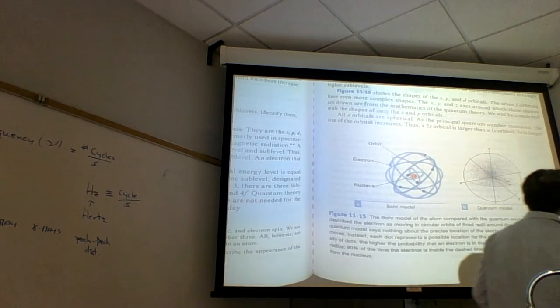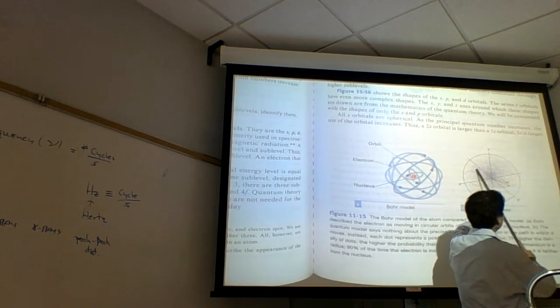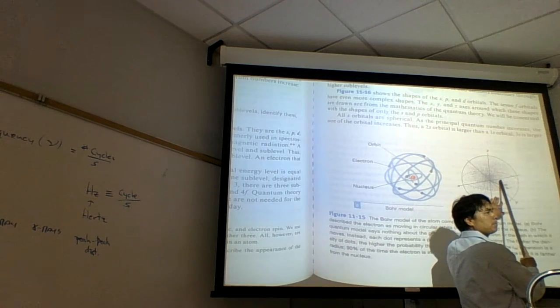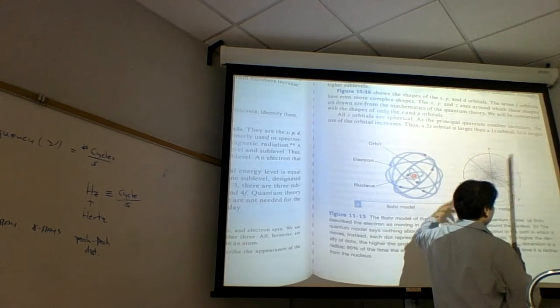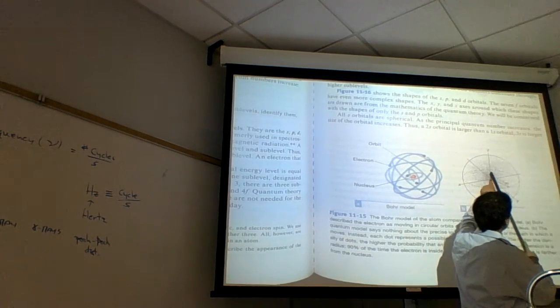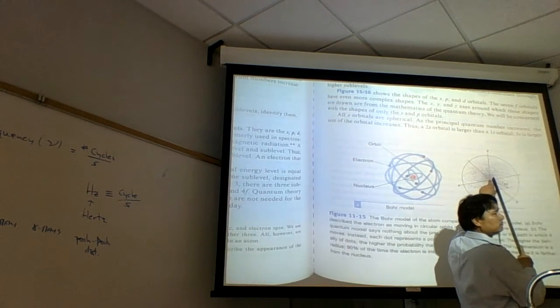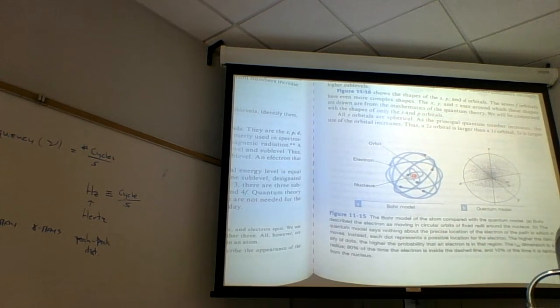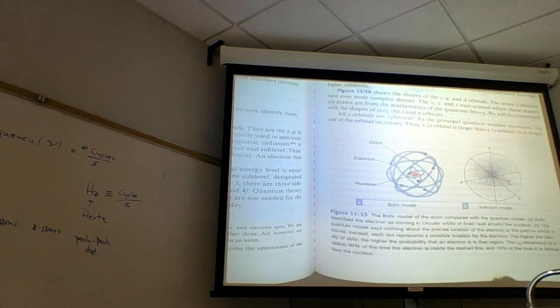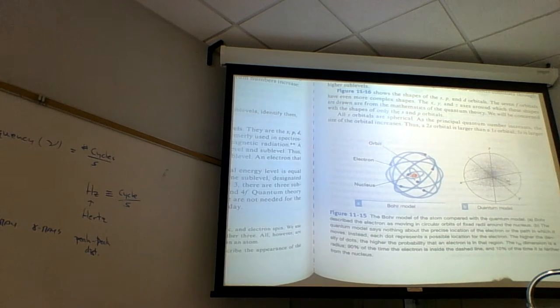And so what we have here is this. This is called a probability density map. And so if the electron is in the first allowed energy, then the probability density map looks like this. Now let's say you had a high energy bird. If you had a high energy bird, then what do you think? The bird has more energy to travel farther from the nest. And so this would be n equals 1.